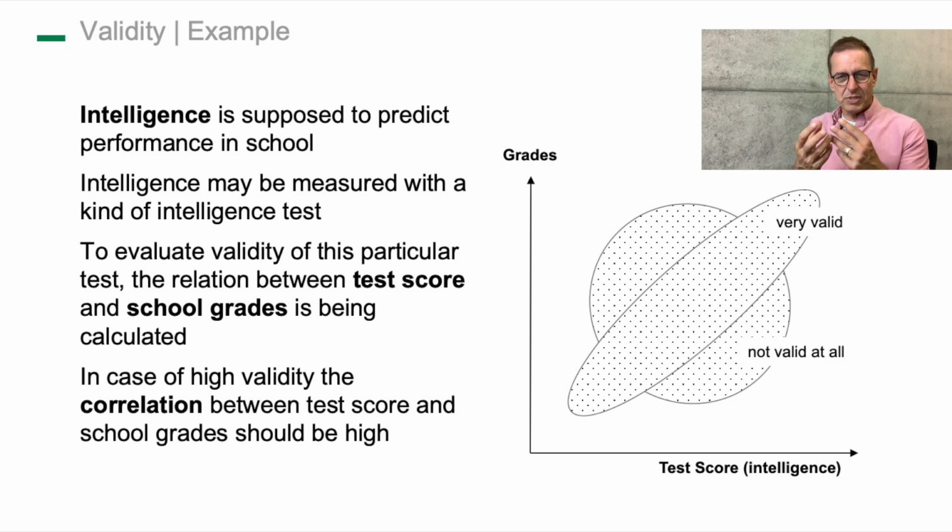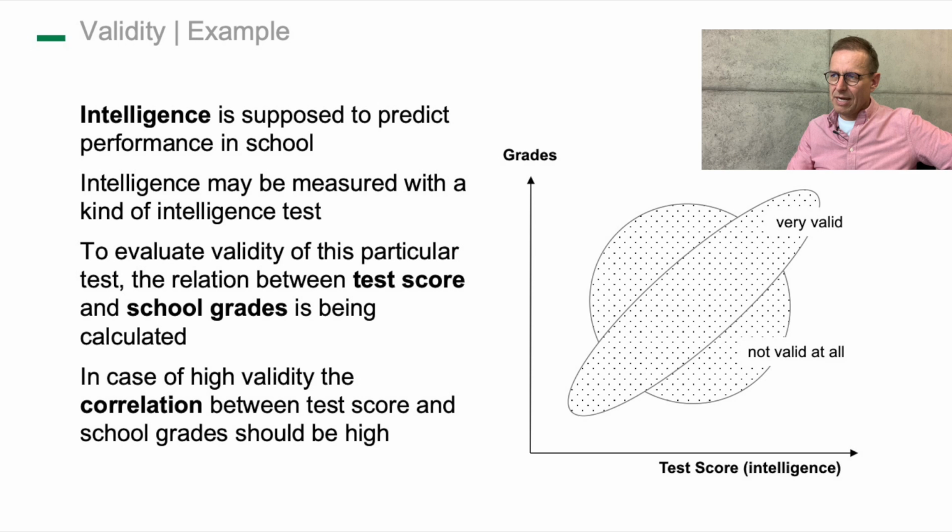As a consequence, we would say, well, that's a bad test, right? That test does not really measure intelligence when there is no correlation at all. That was the original idea of intelligence testing, to predict performance in school. That was the original idea back in the early 20th century. But when it does not, then the test is lousy. You would come to the conclusion that it does not measure what it is supposed to measure, right?